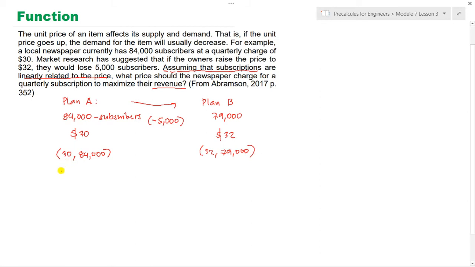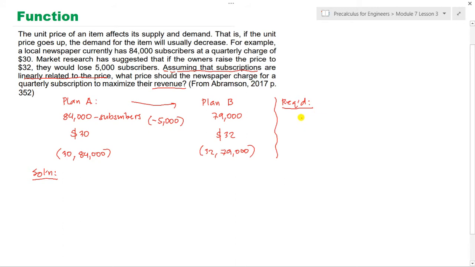So therefore, since we have two points, I hope you can remember this from your geometry problems. So for the solution, let us write the requirement. The required for this problem is we're going to determine the price.